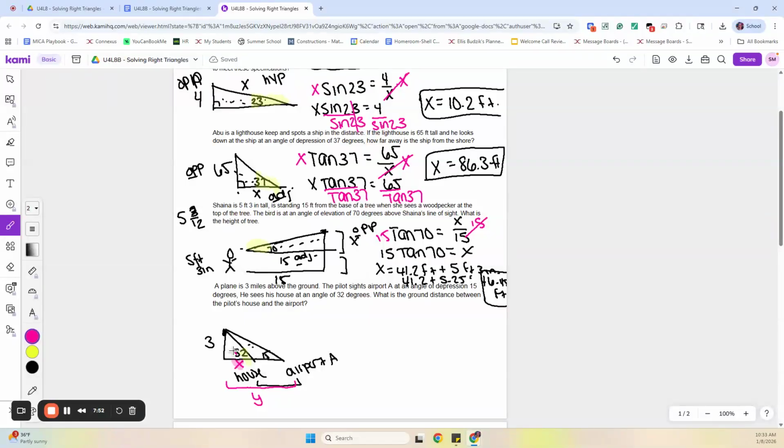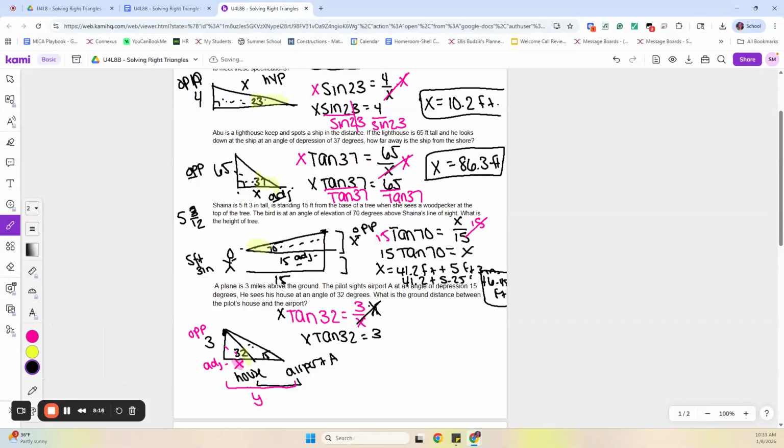So for my x, I got opposite, adjacent. So opposite adjacent is tan. So I got tan of my angle 32 equals opposite over adjacent. So we can multiply by x. We get x tan 32 equals 3.